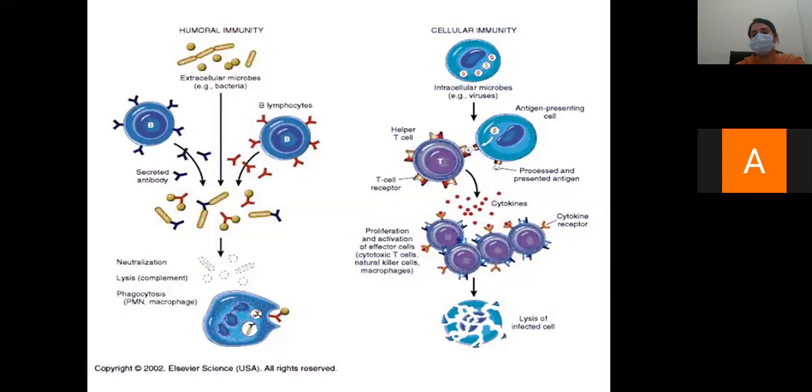They process and present the antigen. Then they cause the release of cytokines, and then they cause proliferation and activation of effector cells: cytotoxic T cells, natural killer cells, and macrophages. And then at the last step, there is the lysis of infected cells.